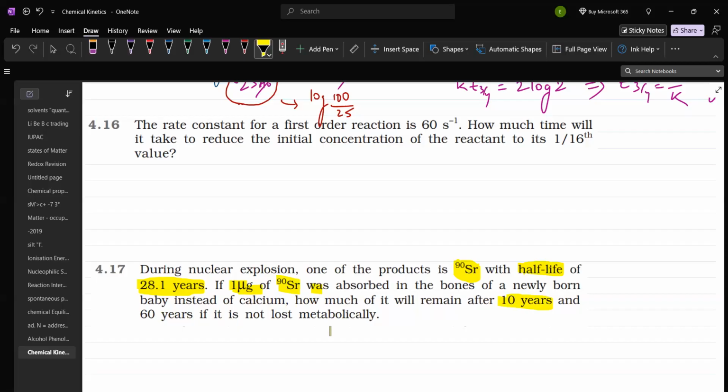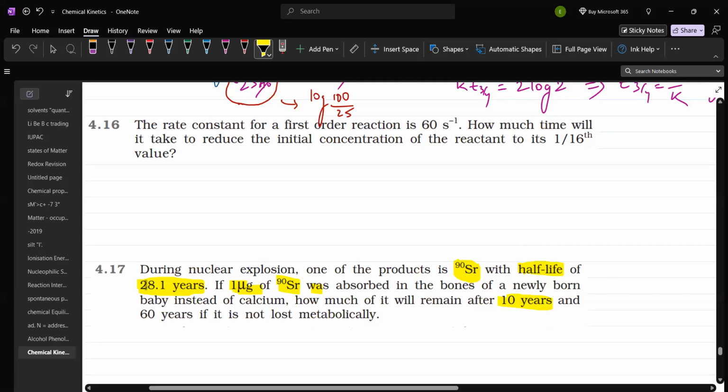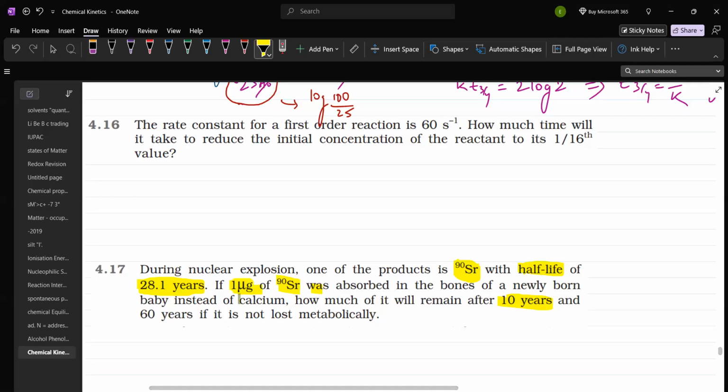If it is not lost metabolically, means it is not lost in any other way, but only through the strontium decaying itself. So can you see, half life is 28.1 years. After 28.1 years, the remaining will be 0.5 microgram.